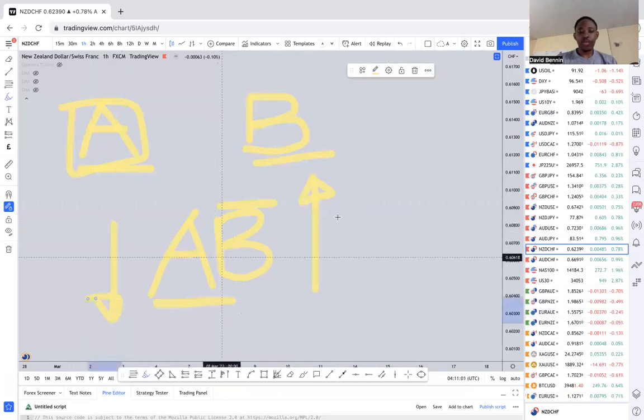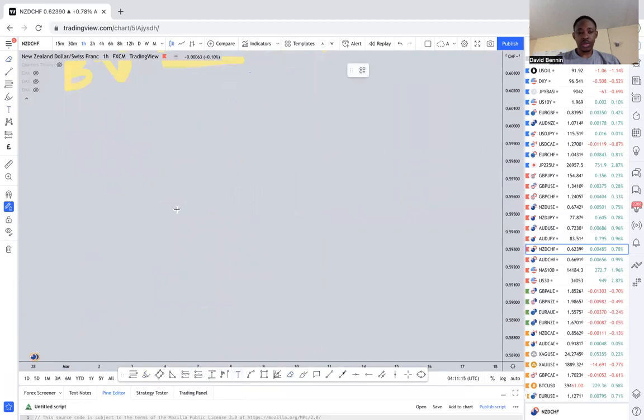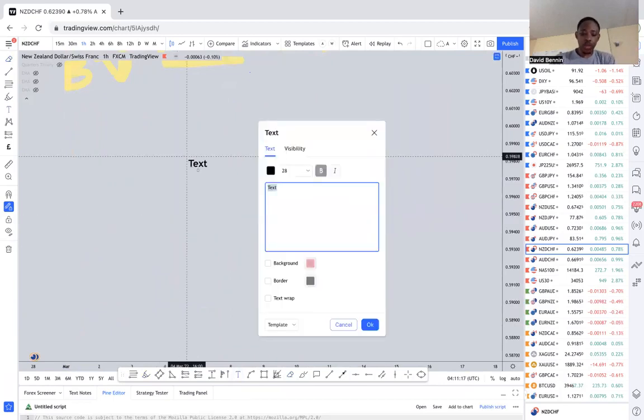So any up movement of AB is caused by A. Any down movement of AB is caused by B. So let me give you an example. USD GHS, that is dollar to Ghana cedi, is 6.5 from the example that we are giving.